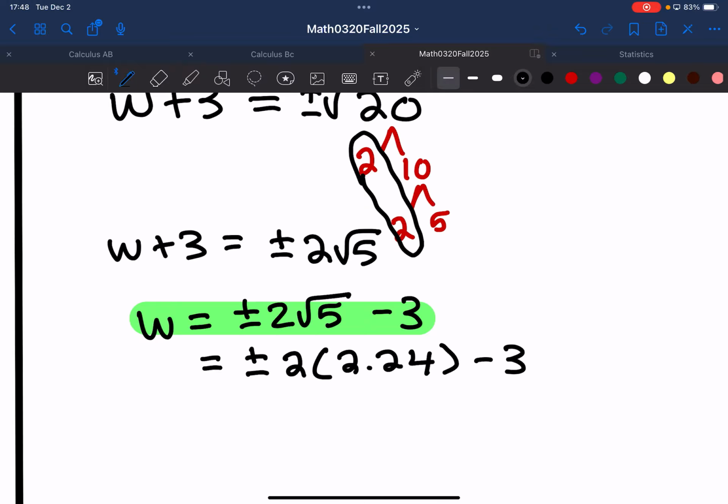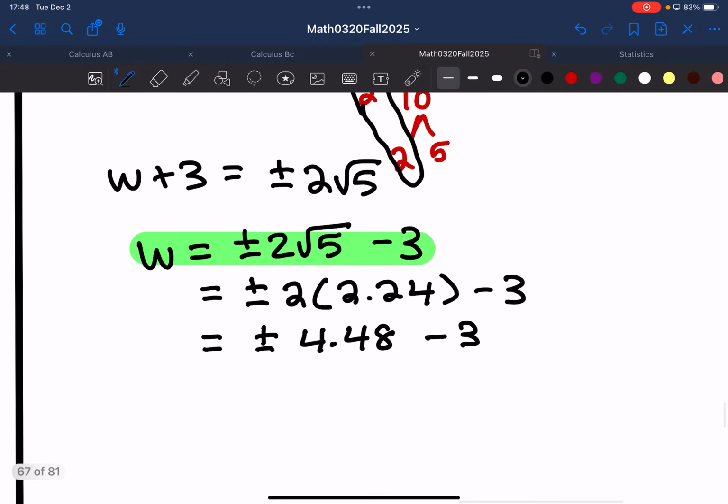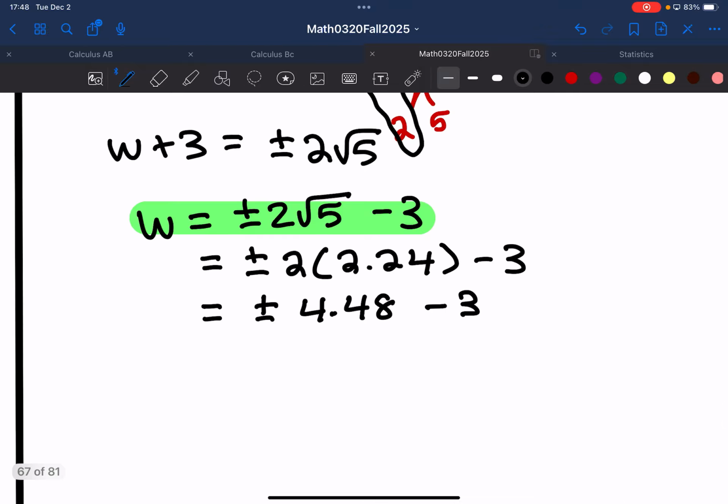I don't need to write all those decimals. And so then if I multiply that by 2, I get this is equal to plus or minus 4.48 minus 3. And so this is telling me I'm going to get 2 possible answers here, okay?